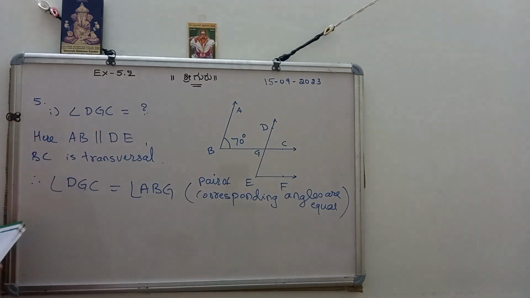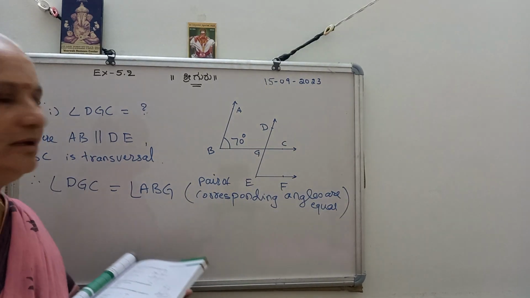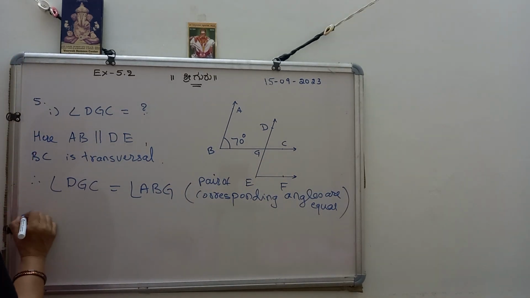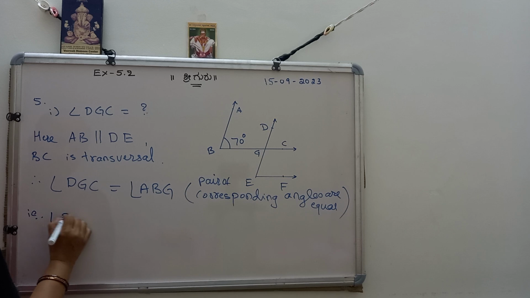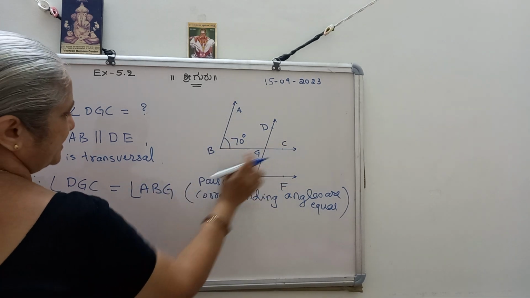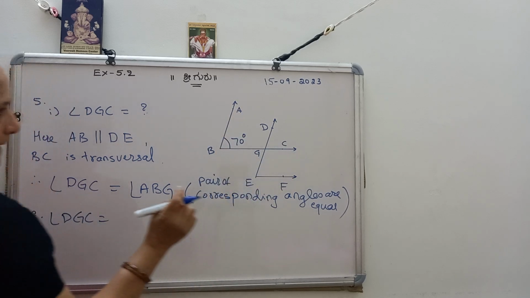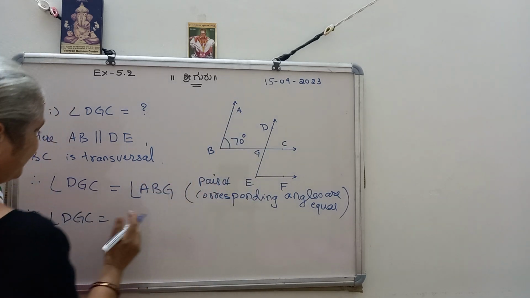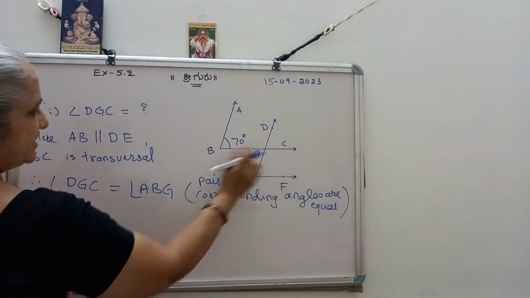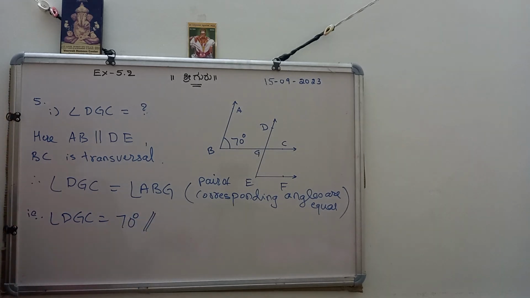Always you should be able to write the reason for every step you write. That is, angle DGC is equal to ABG, or ABC. Angle ABG is same as angle ABC, therefore it is given as 70 degrees.